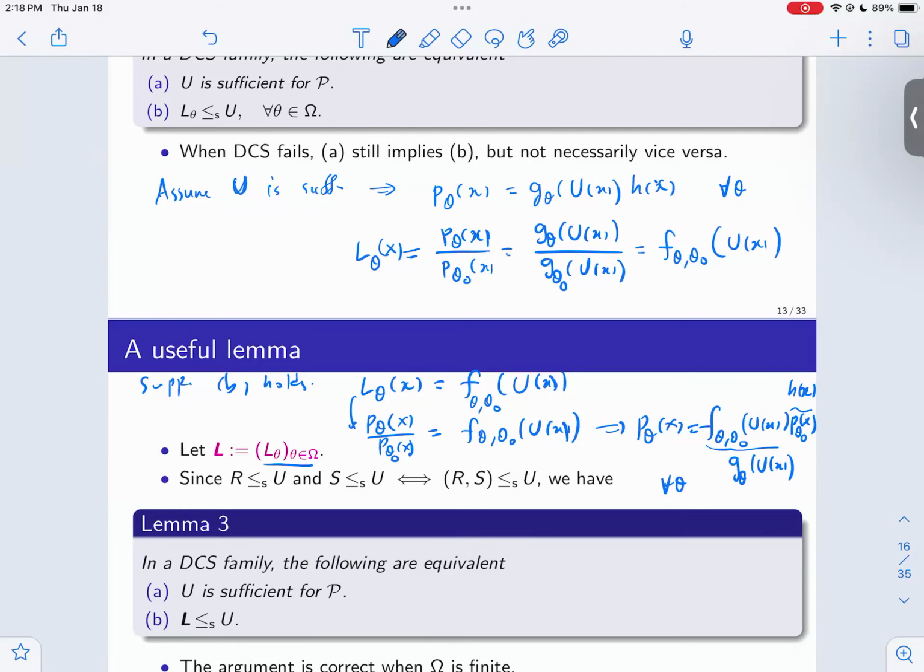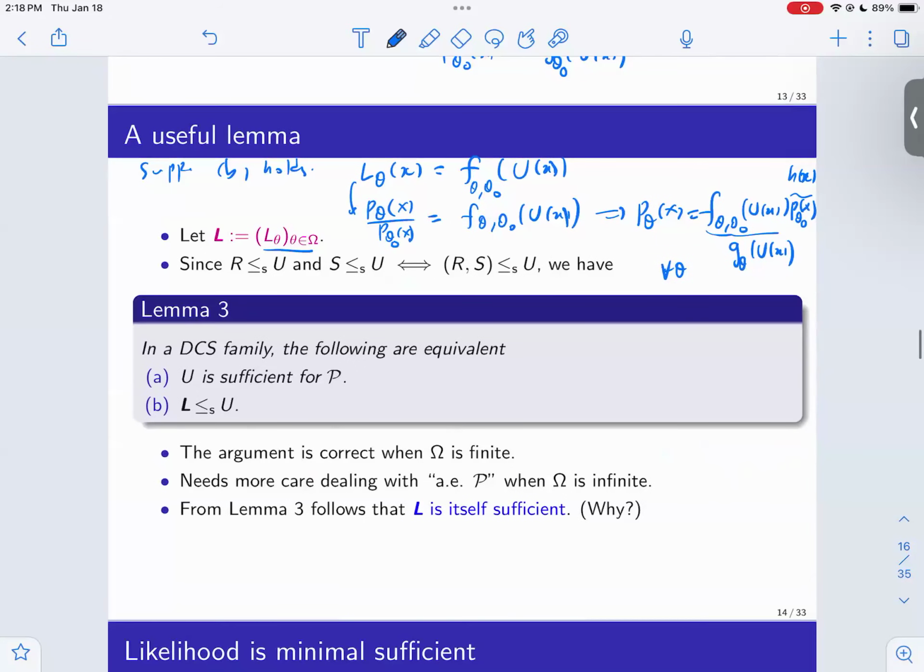Imagine this boldface L is L theta 0, L theta 1, L theta 2 of X, up to L theta K of X, which is shorthand notation.